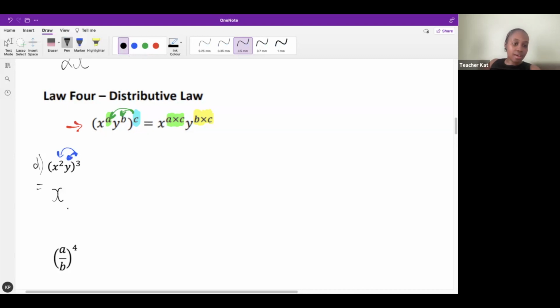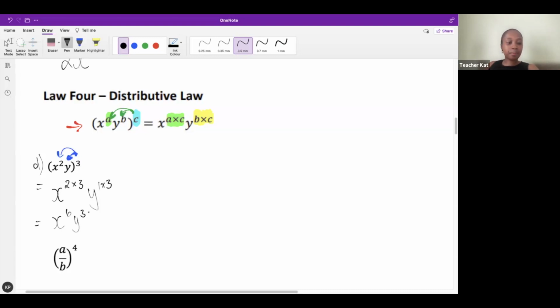That means we're going to have x squared times 3. And y, if there's no exponent there, then what do we have, guys? If there is no exponent, then we can see it's a 1. Thank you. It's a 1 times 3. So then my final answer will be x to the power of 6 times y to the power of 3.